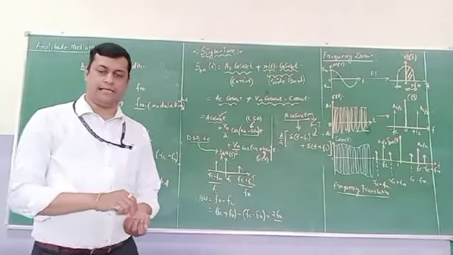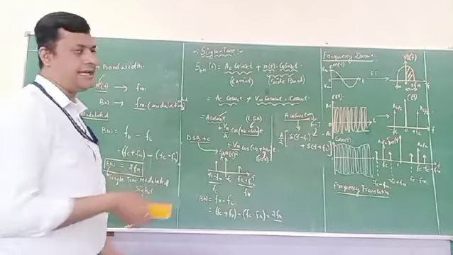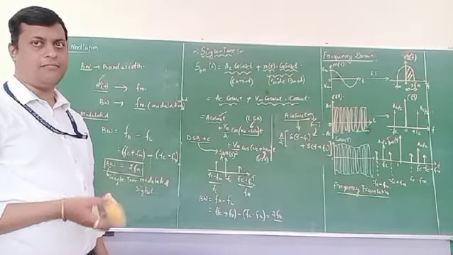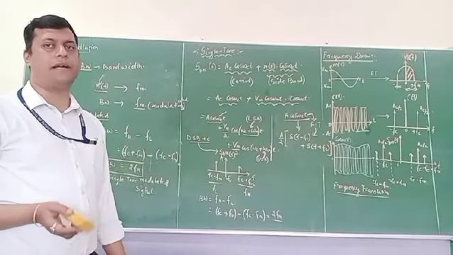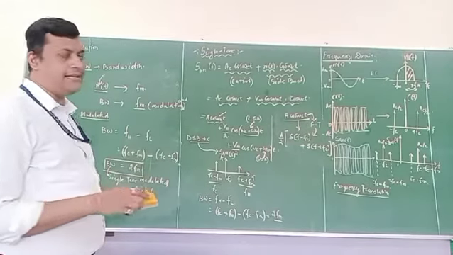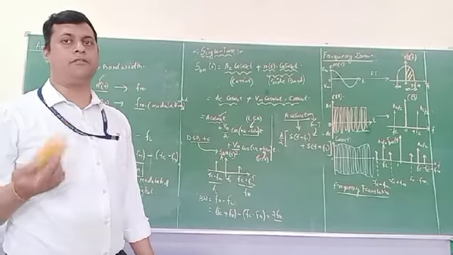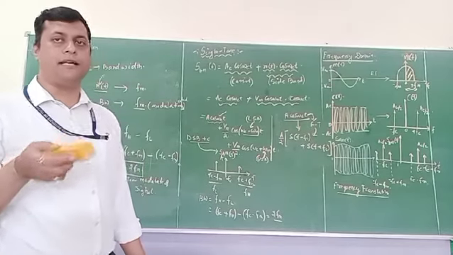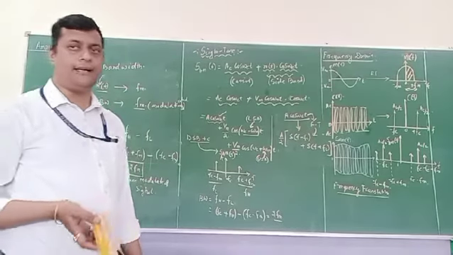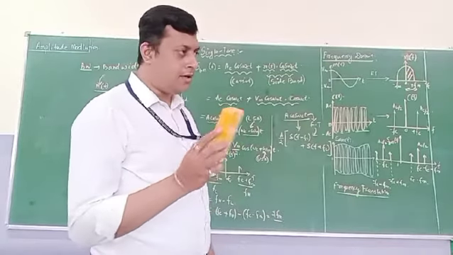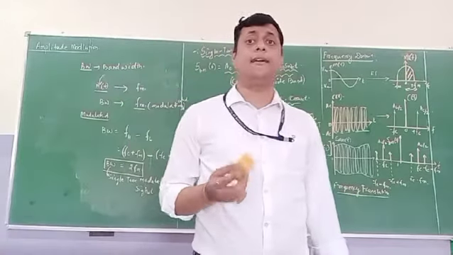So this is the basic representation of modulating signal and modulated signal. Now we will see how to represent this AM signal in terms of modulation index, because the modulation index plays a vital role. It will decide which sort of modulation we have done, or which sort of modulation we have transmitted, whether it is over modulation, under modulation, or critical modulation.